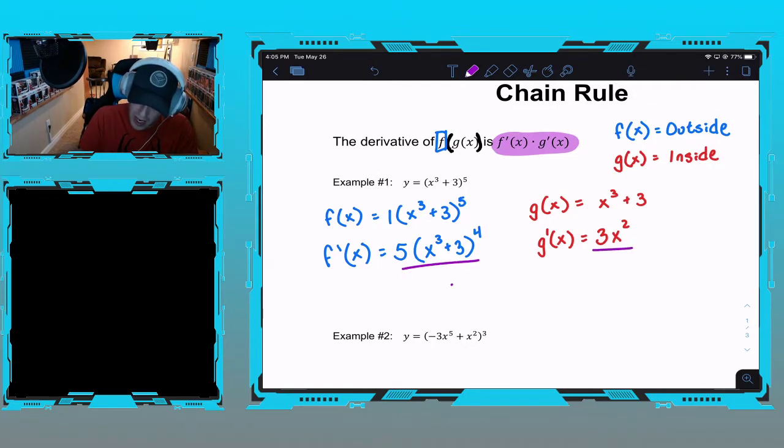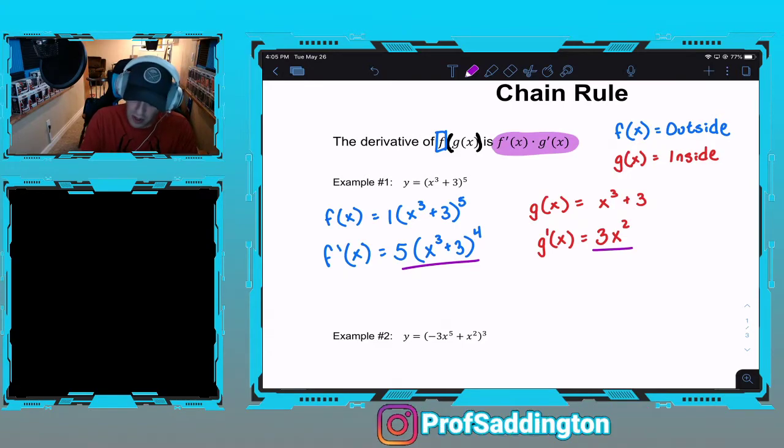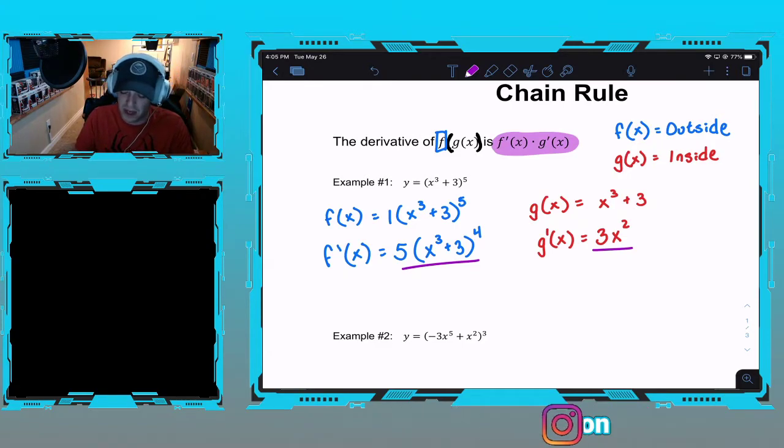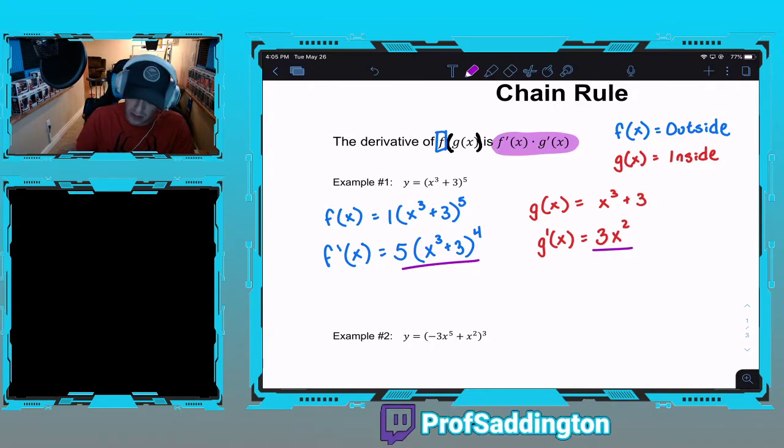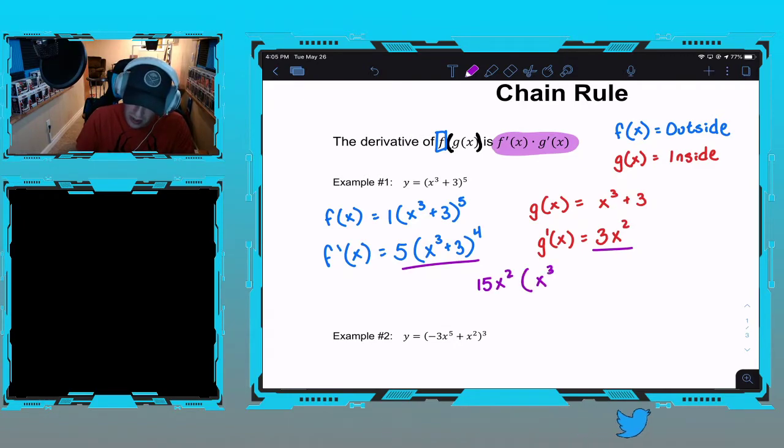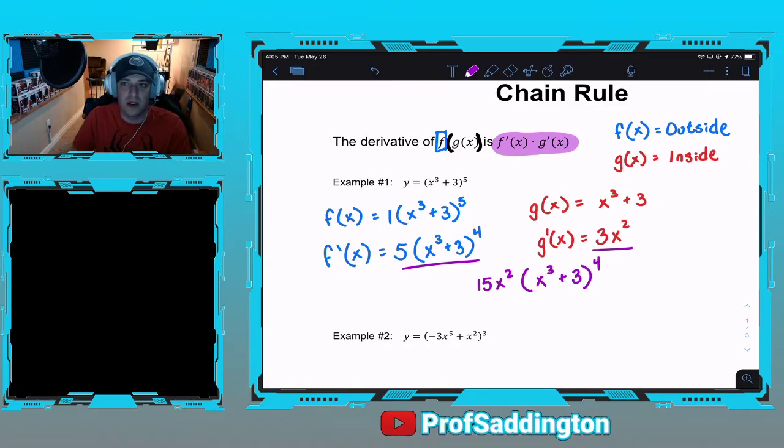I'm going to multiply the numbers that are on the outside of the parentheses. So I'll have 3x squared times 5, which would be 15x squared, times x cubed plus 3 raised to the 4th.